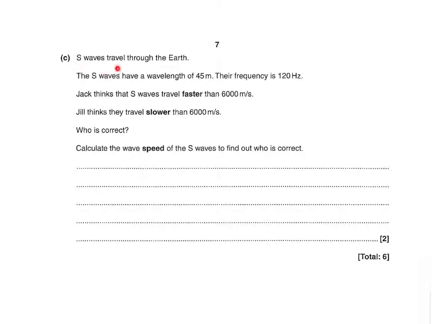Next question says, S waves travel through the Earth. The S waves have a wavelength of 45 metres and their frequency is 120 Hz. Jack thinks the S waves travel faster than 6,000 metres per second. Jules thinks they travel slower. Who is correct? So it says calculate the wave speed. So this is a question where you should be looking at that equation sheet and finding the equation for wave speed. So wave speed equals frequency times wavelength.